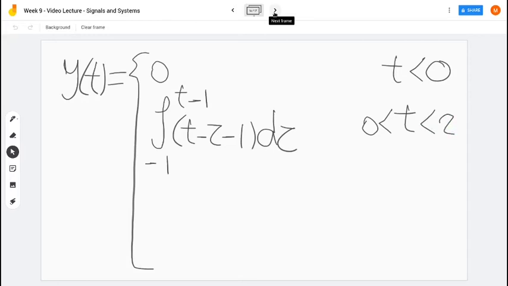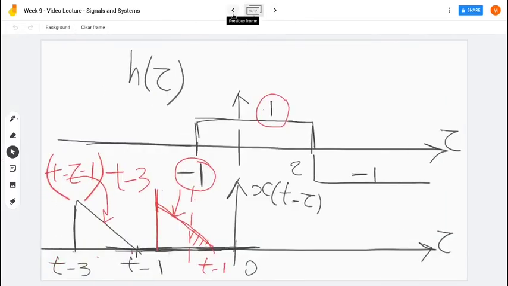What about the next interval? So let's go back over here and try to see the next interval. Now note that the width of this triangle is 2, whereas the width of this part is 3. So we'll be having a situation where the triangle will be completely under this rectangular pulse.